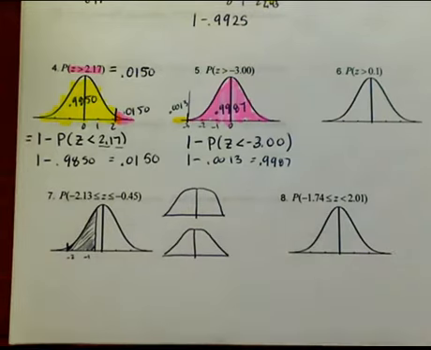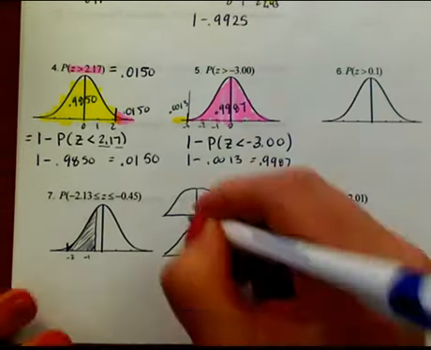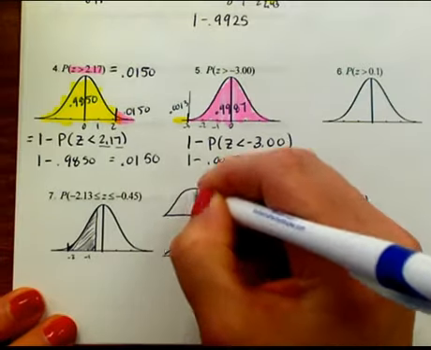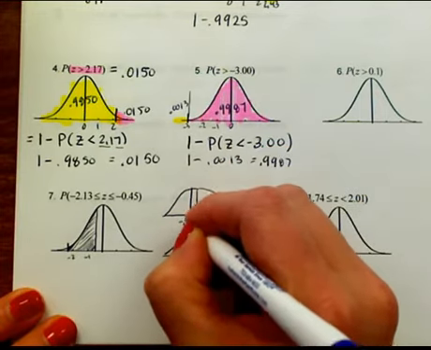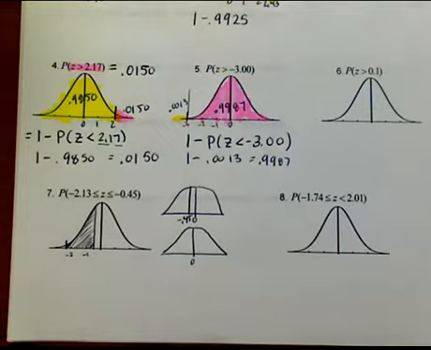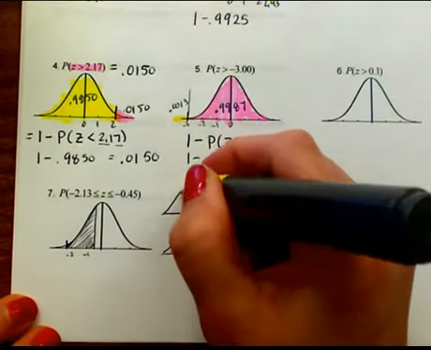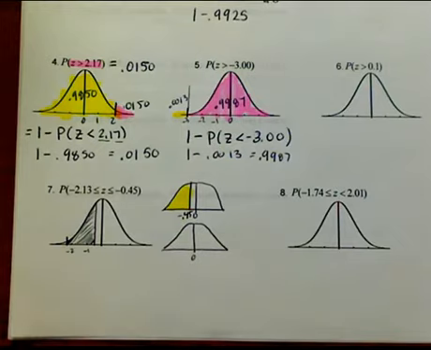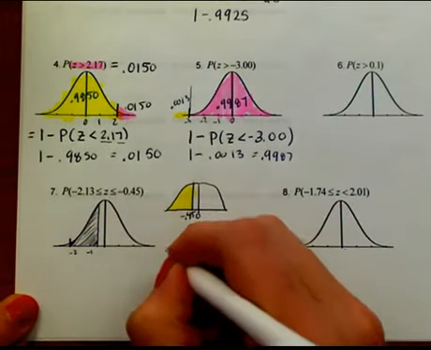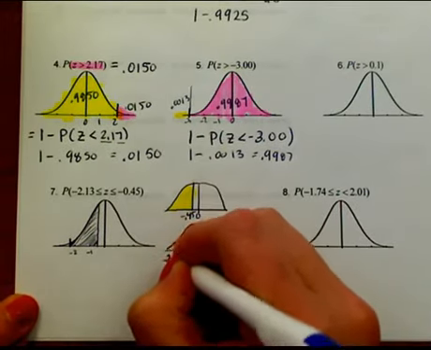Now I'm going to label both of my z-scores, and I'm going to start with -0.45, and I'm just going to make that one yellow. Then I'm going to do -2.13.